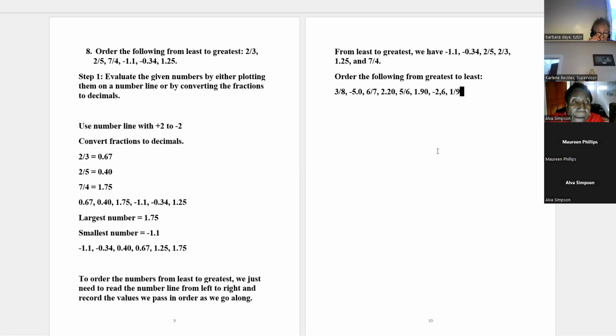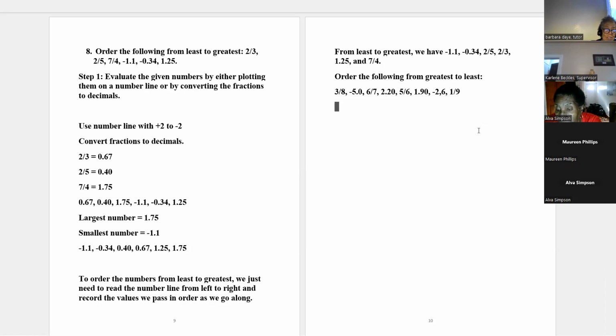Anybody have them in order? I got them in order, but then my order may be wrong. Okay, tell me what you have. We're going from greatest to least. What do you have for your largest number, Maureen? I got 3/8.